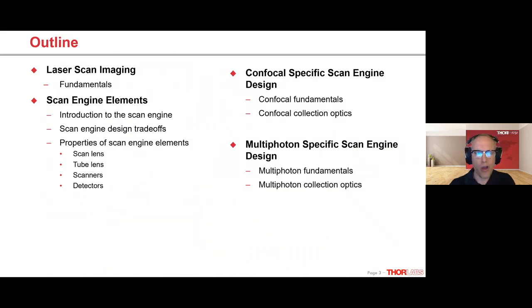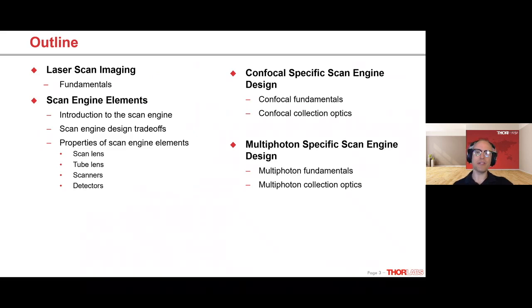So in today's talk, I'm going to focus first on the fundamentals of laser scan imaging, and then I'm going to talk about the mechanism that allows us to achieve laser scanning, which is the scan engine. First, I'll talk about the trade-offs in scan engine design, and then briefly talk about four key elements of the scan engine: the scan lens, the tube lens, scanners, and detectors, and the key specs involved in each.